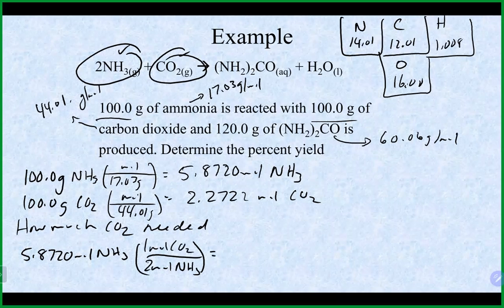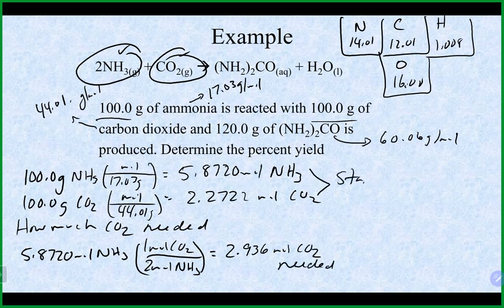Then we're going to divide that by 2. 5.8720 divided by 2 tells us we need 2.936 moles of CO2. Remember, this is our starting amount. So we're going to compare those two, and we do not have enough. So in this case, that means that the CO2 is the limiting reagent, and the NH3 is the excess.